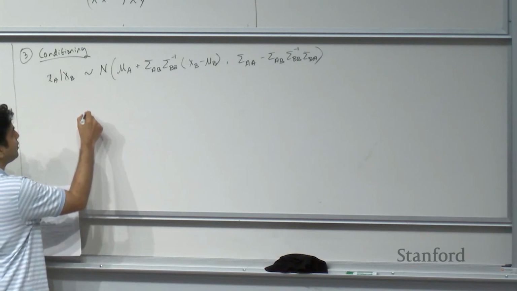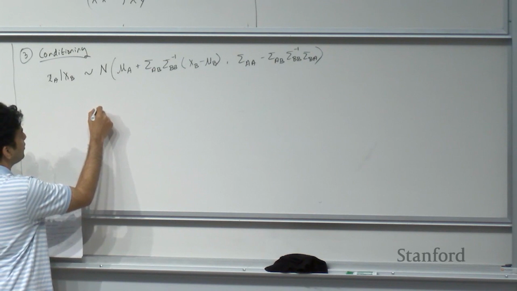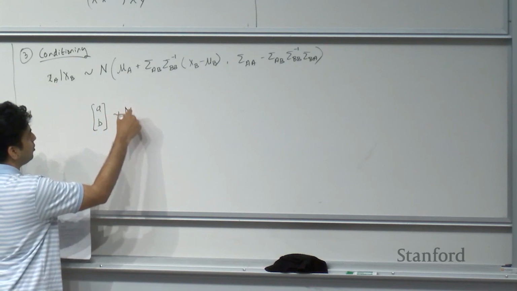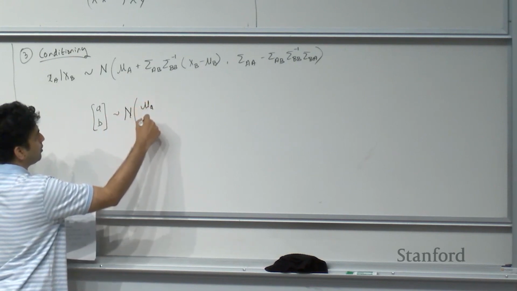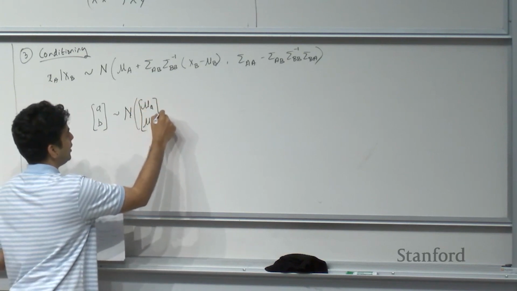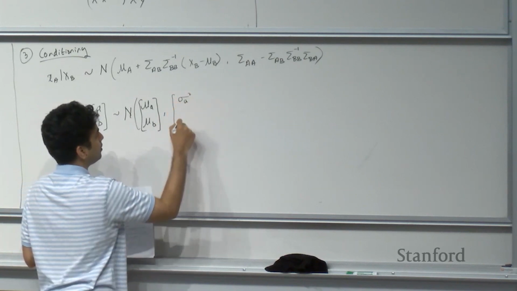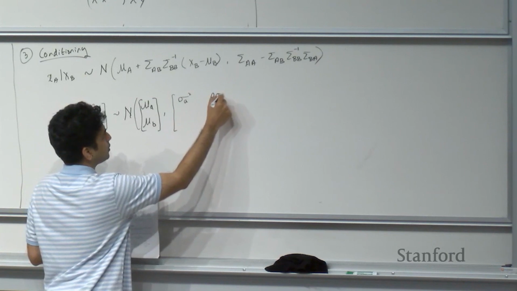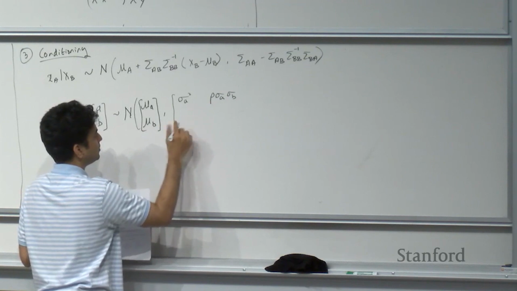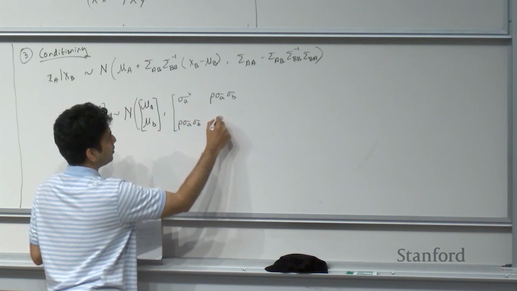Suppose we have a normal vector (a, b) distributed as normal with mean (mu a, mu b) and covariance sigma a square, rho sigma a sigma b, rho sigma a sigma b, and sigma b square.